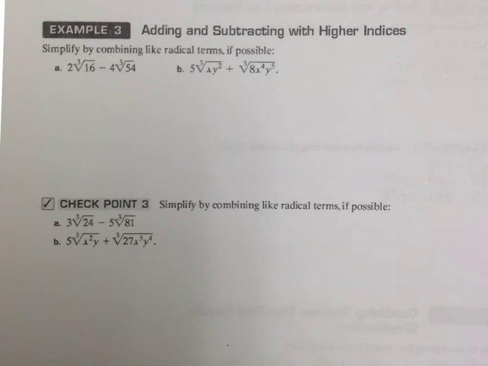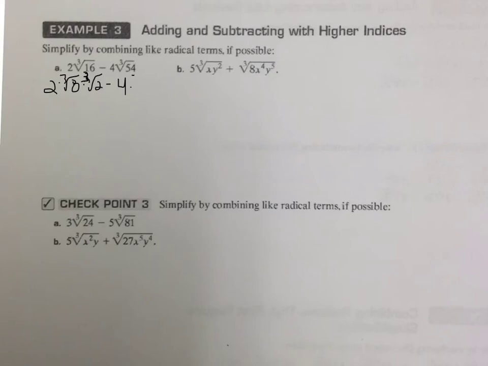I can break cube root of 16 down into 8 times 2, and the cube root of 8 I know is 2. So we're going to take 2 times the cube root of 8 times the cube root of 2, minus 4, and 54 works out to 27 times 2. And the cube root of 27 is 3, so that will work.